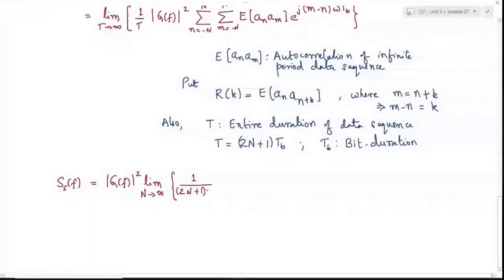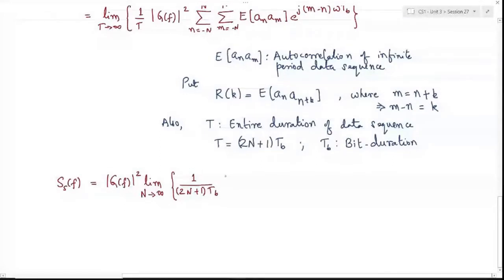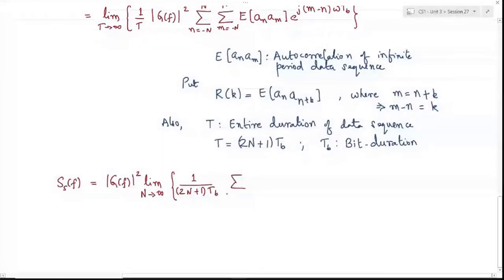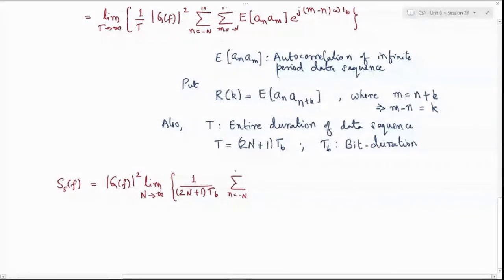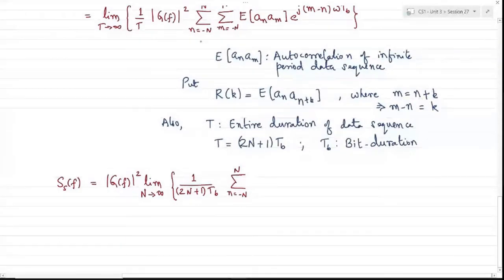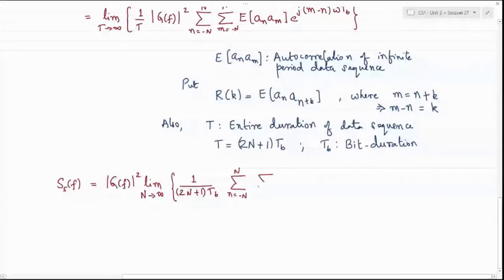There is a double summation. One is n, which runs from minus N to plus N. Now m, as I know, I have replaced with n plus k. Whenever m is equal to minus N, I want to express it in terms of k.